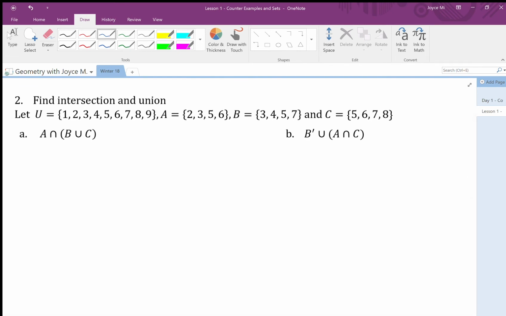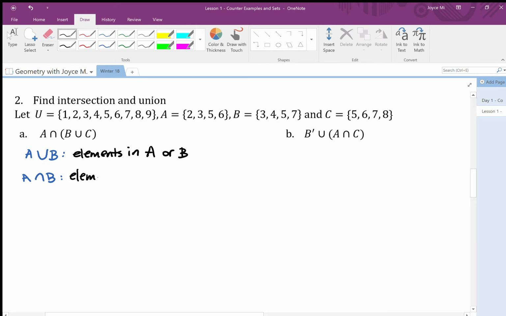The union of any two sets A and B, with this symbol, tells me I'm looking for elements in A or B, in either A or B. And A intersection B, with the upside down U, means looking for elements that are common to both sets A and B.